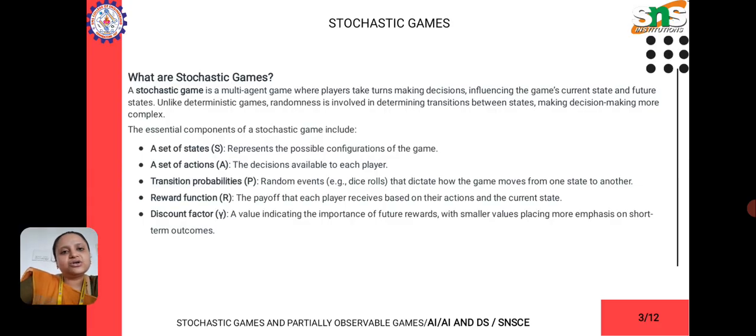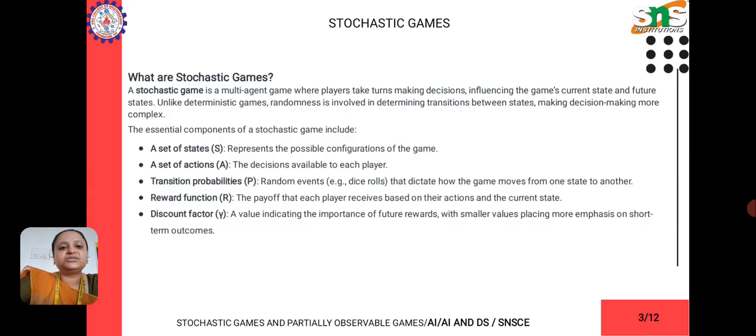Now there are essential components involved in a stochastic game: set of states, set of actions, transition probabilities, reward function, and the discount factor. The set of states represents the possible configurations of the game. The set of actions is the decisions made by the player. Transition probability covers the different moves and processes involved by the player.